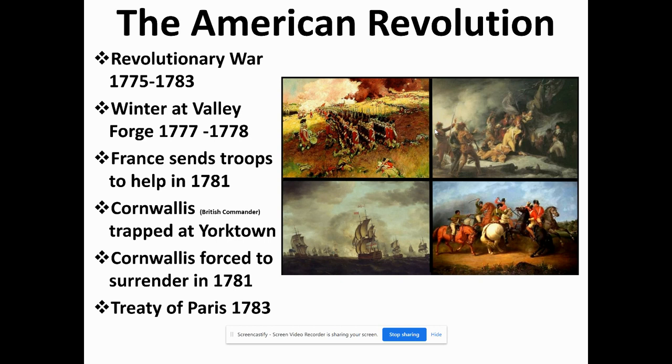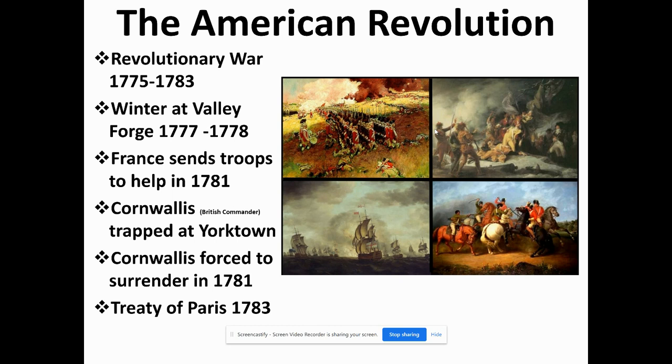But by 1781, they realize, oh my gosh, this little ragtag military uprising that's taken place in the New World, it's working. And the British still don't have control of those colonies by 1781.